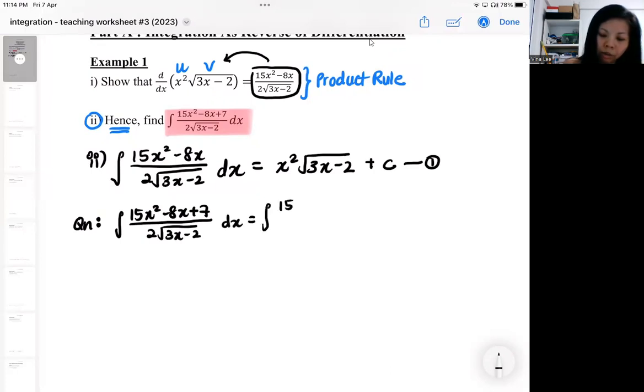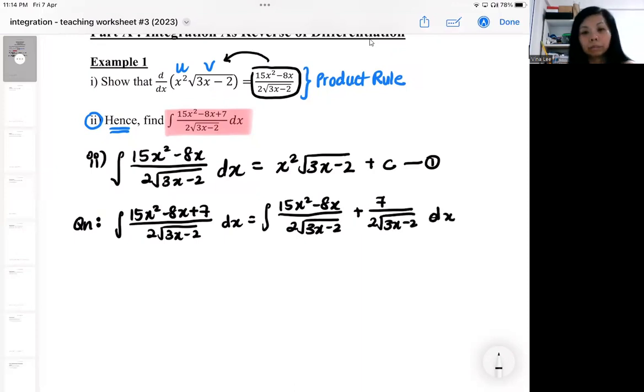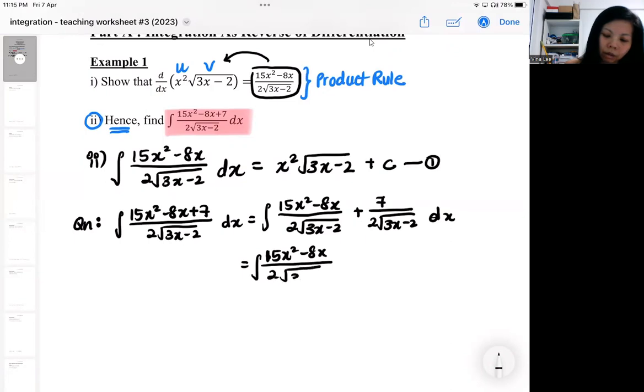So actually, I'm going to share the denominator. So I kind of split the huge fraction. And when I split the huge fraction, I got 2 separate integrations.